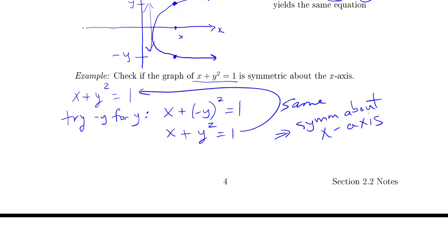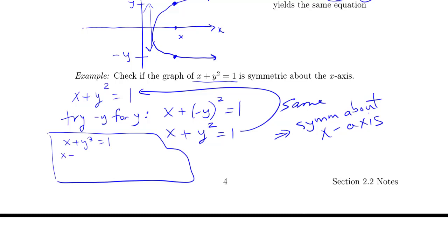So let me just make note that if we had something like x plus y cubed equals 1, and we tried negative y in for y, I would get x plus (negative y) cubed equals 1, and I would get x minus y cubed equals 1, which is not the same.